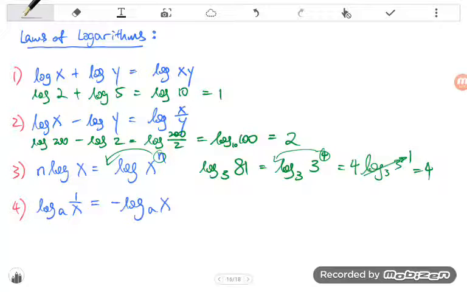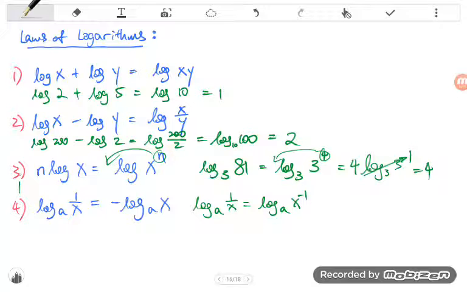Okay. And the fourth one is more like an extension of the third, right? So if I have log 1 over x to the base of a, I can write this as log of x to the power of -1 to the base of a.